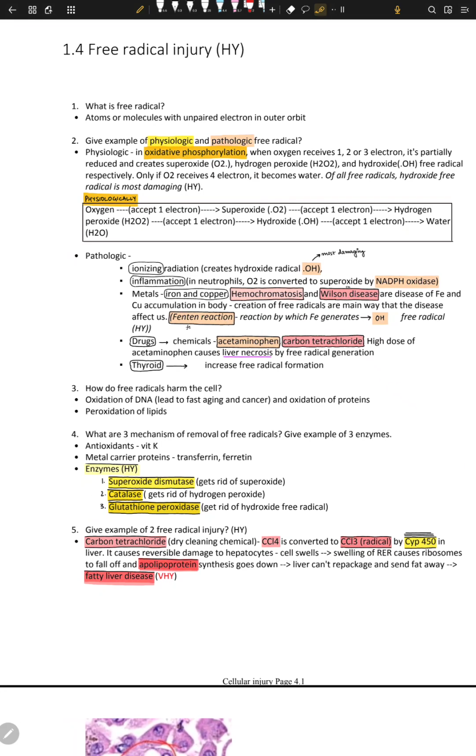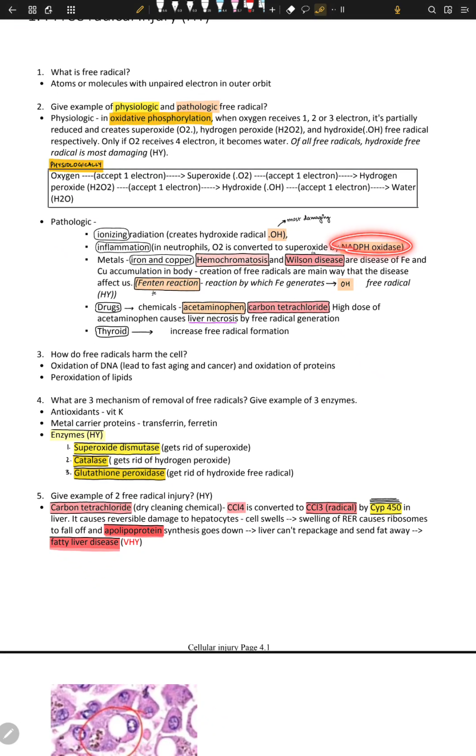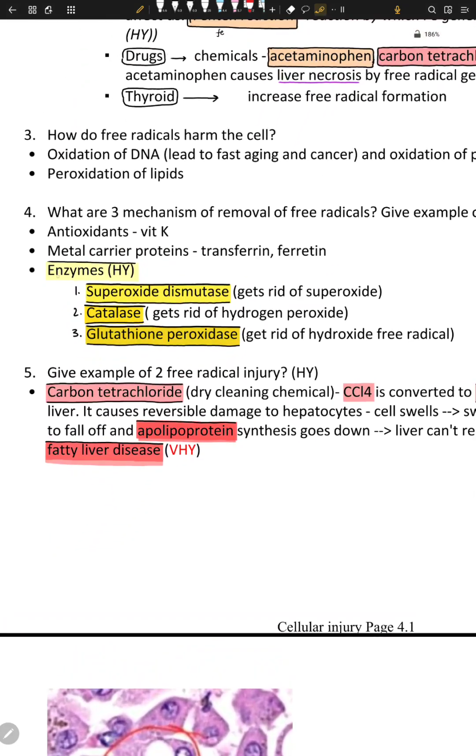So, NADPH oxidase converts O2 into superoxide. The enzyme superoxide dismutase gets rid of superoxide. Hydrogen peroxide can be gotten rid of by catalase. We need glutathione peroxidase to get rid of the hydroxyl free radical, OH.